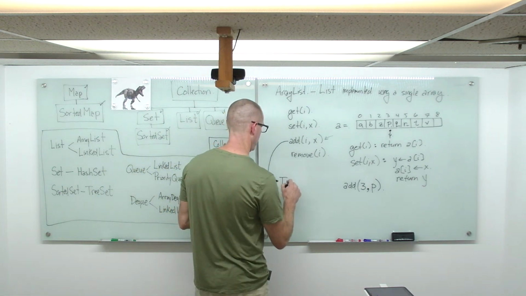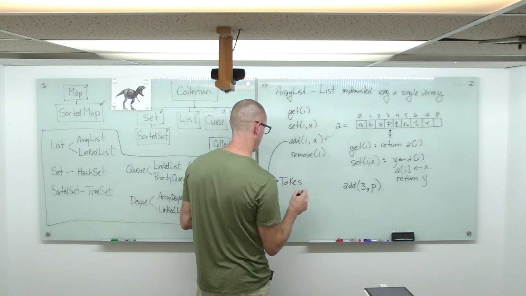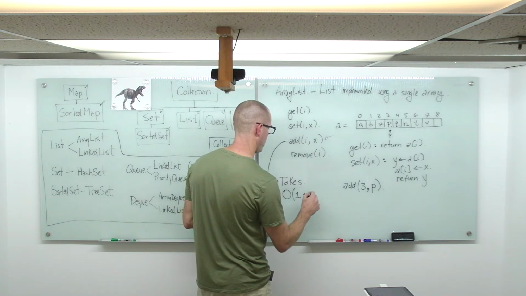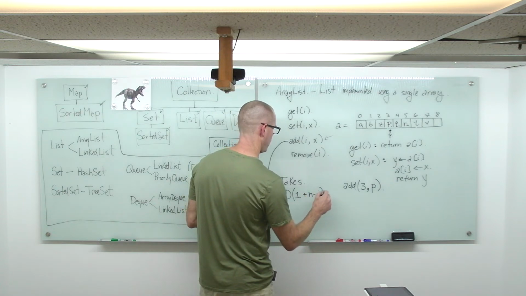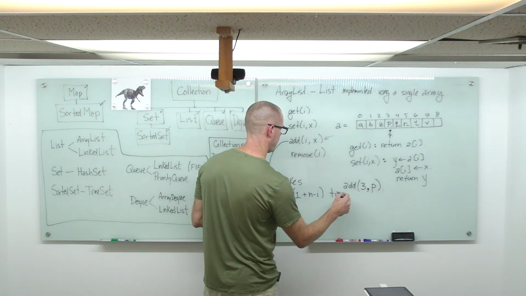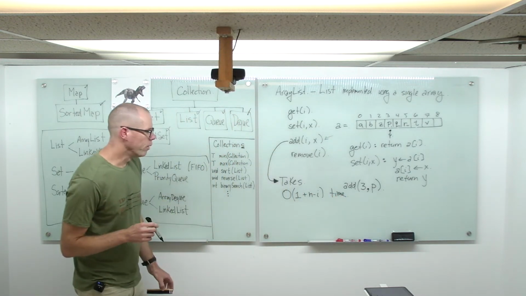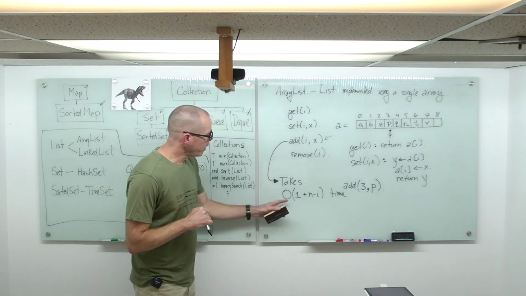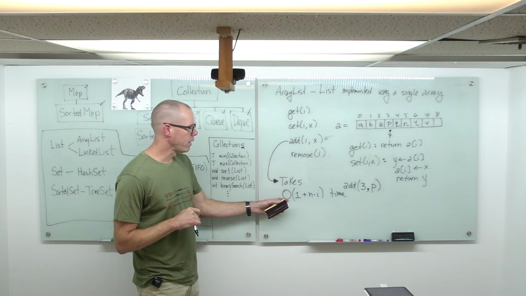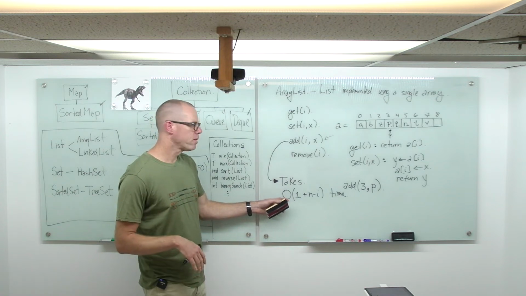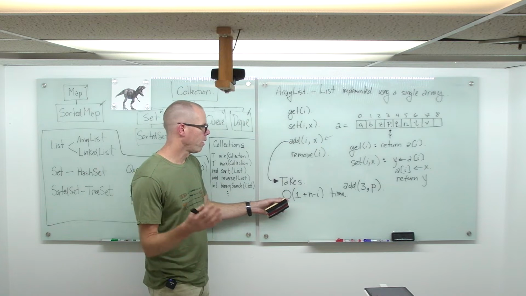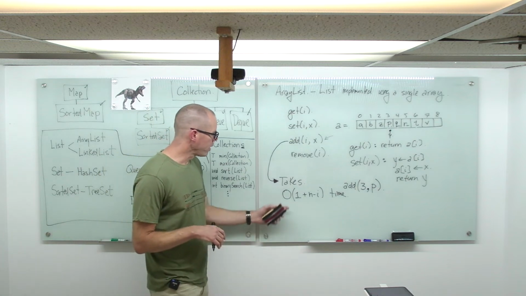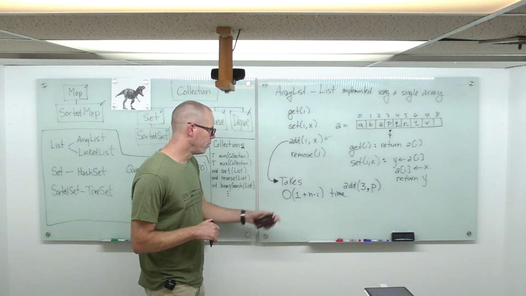And I'll write this in big O notation. This takes 1 plus n minus i time. We'll revisit big O notation more formally later, but for now just think of it as something that hides constants that depend on things like how fast your computer is, and only gives upper bounds.